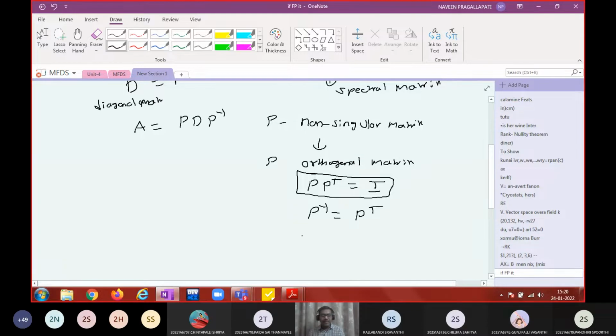P transpose. Do you agree? Whenever A into B equals I, B is called the inverse of A. So that means I can replace this inverse with transpose. What is P?